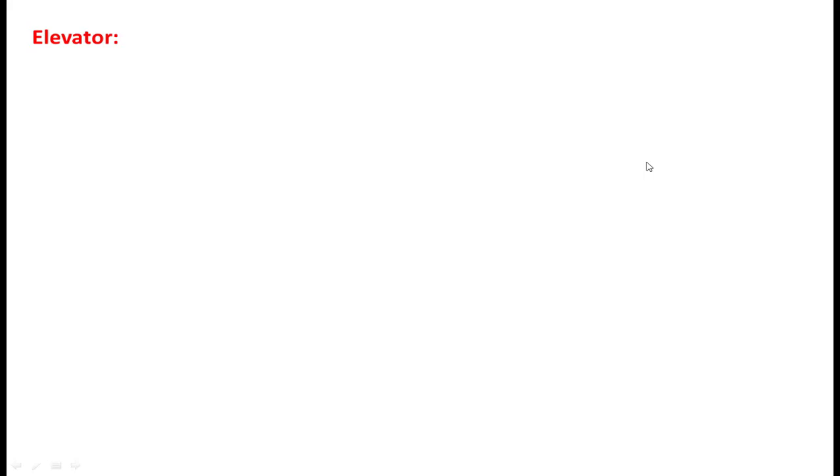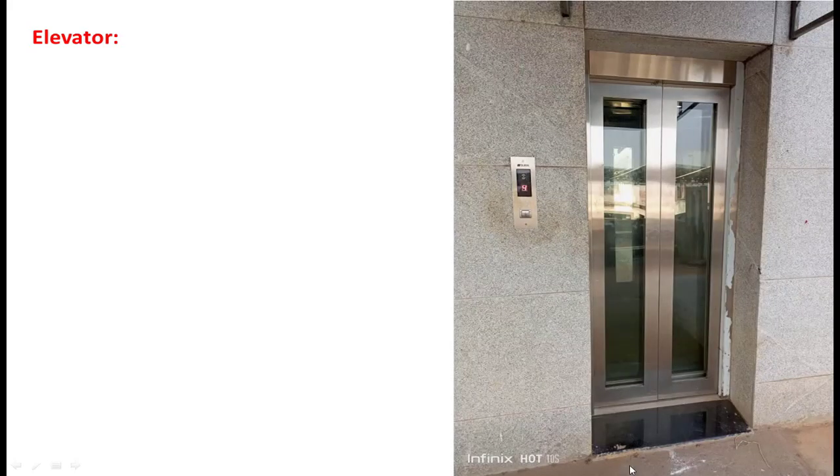Let me start with a brief on the general operation of an elevator or lift. Here we have seen the cabin. This is nothing but the car. The passengers stay in the cabin to move from one floor to another floor.